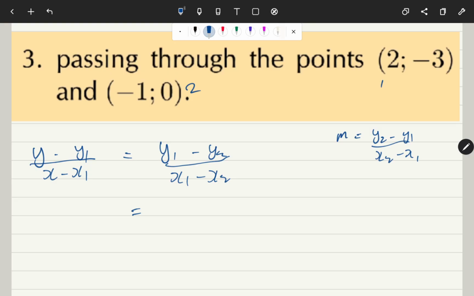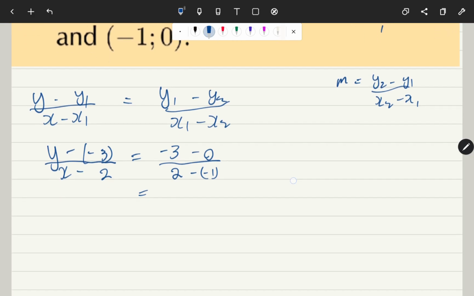Let us substitute: 1 minus minus 3, over 2 minus minus 1.